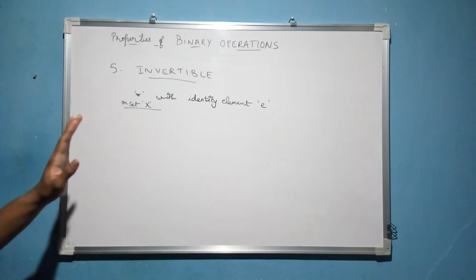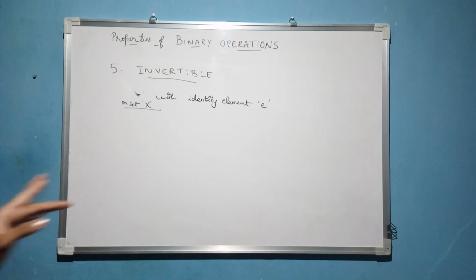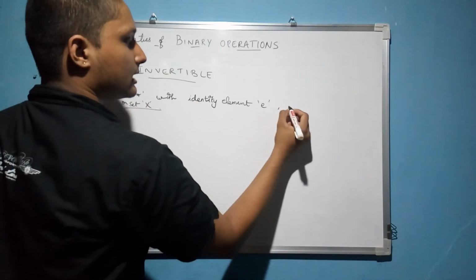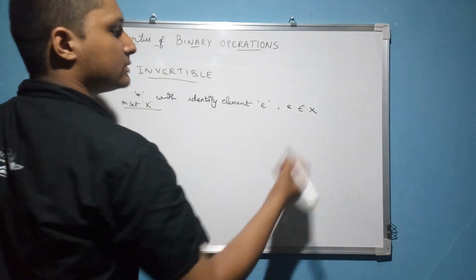So it can be invertible if it has an identity element E with respect to the operation, and that E should also belong to X. That was what we understood in the previous one.